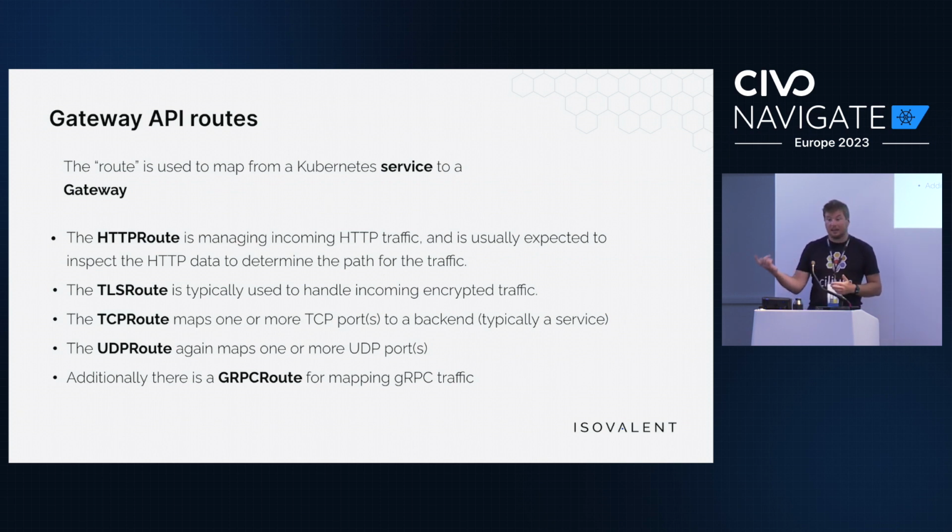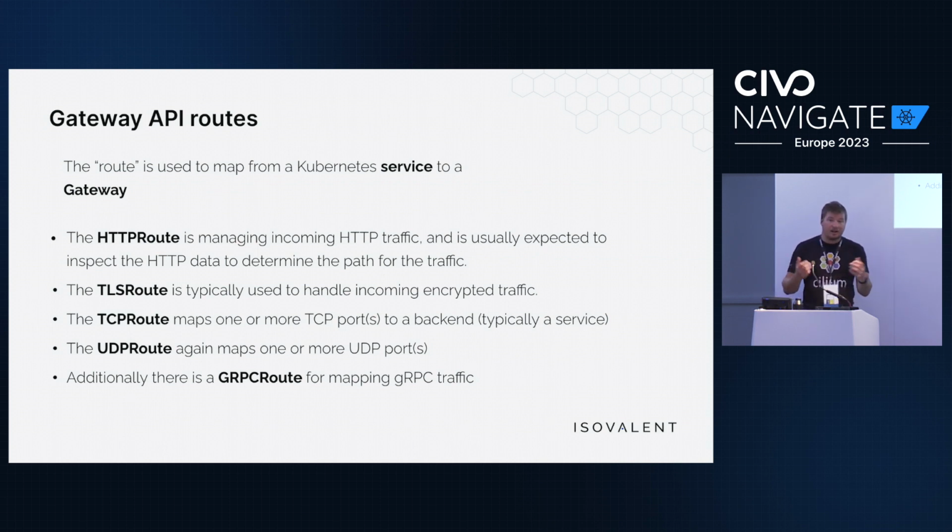And then additionally, TLS routes, so ensuring that traffic is encrypted as it's coming in. TCP routes, so TCP ports mapped to a gateway, mapped to a service. UDP routes, gRPC routes, etc. These are the basic routes that are defined in the Gateway API project itself. However, the options are limitless for the sorts of routes that you could look at implementing.